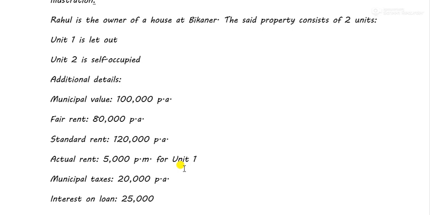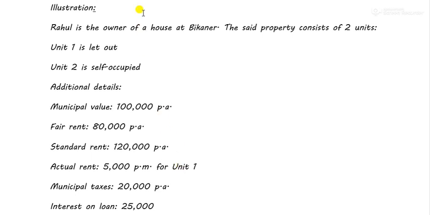So we will take actual rent for the whole year. Now what do we do for area wise division? We divide all the items such as the municipal taxes, the municipal value, fair rent, standard rent, and interest on loan. Everything, each and every item except actual rent obviously, will be proportionately divided among the two units, unit 1 and unit 2.